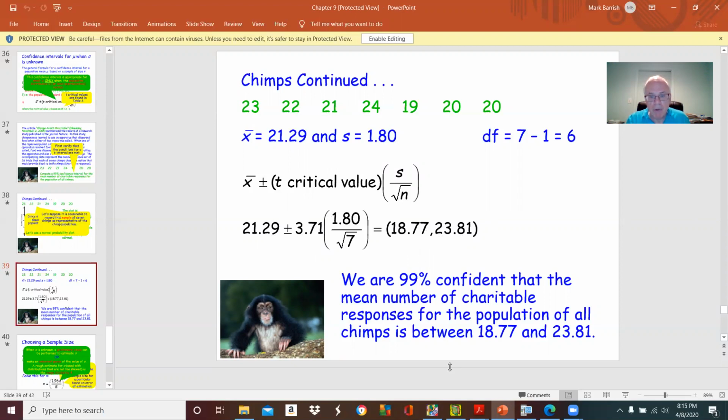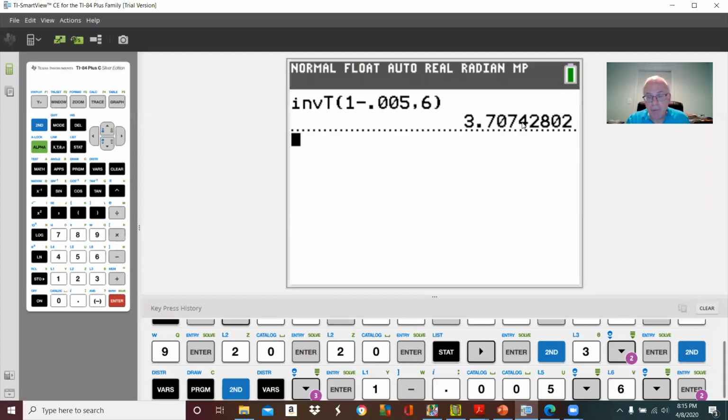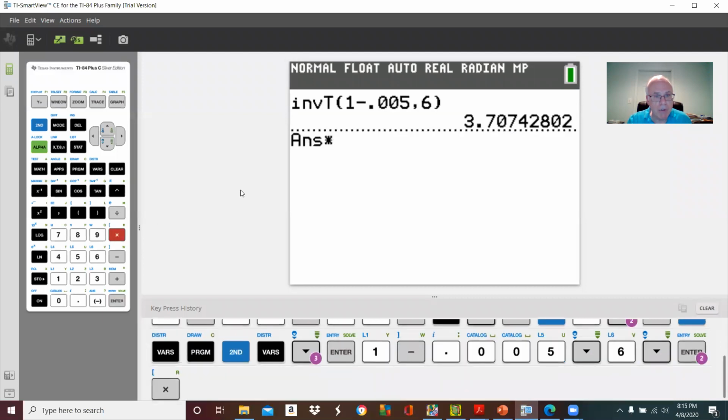Now, if you were doing this with your calculator, after you calculate your critical value, you can multiply this. So you can actually hit the multiplication key, so you don't have to do any rounding here. Just multiply this by the standard deviation. Now, if you remember, I didn't originally round it to 2 decimal places. I rounded to 4 decimal places.